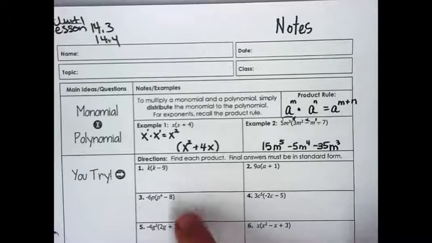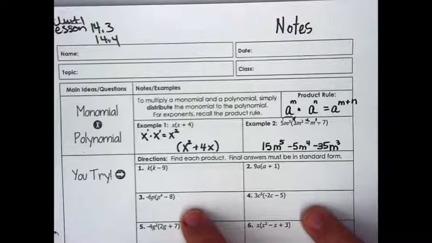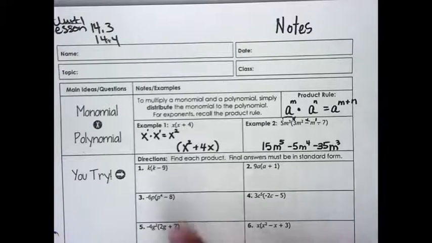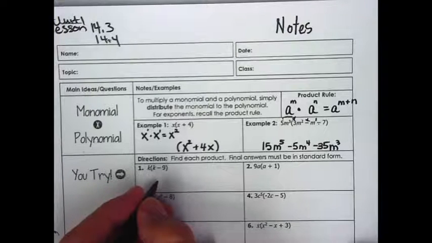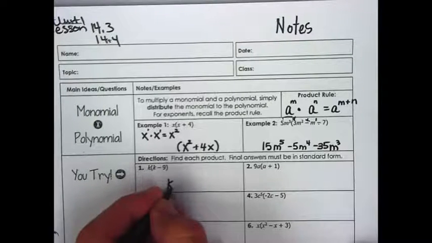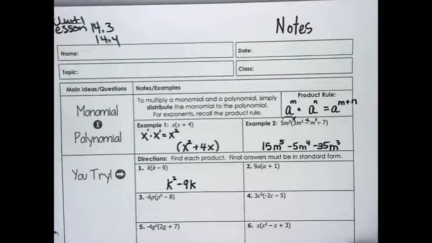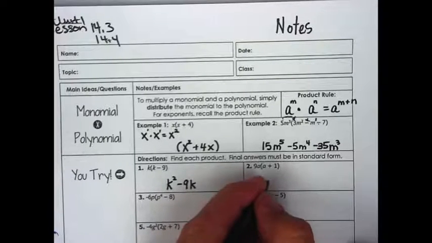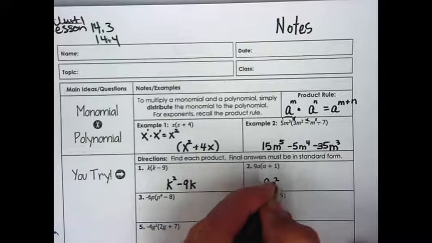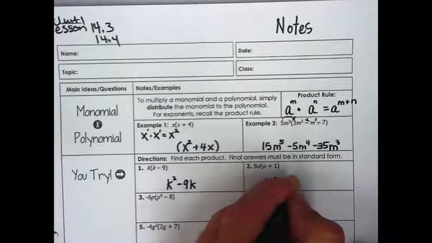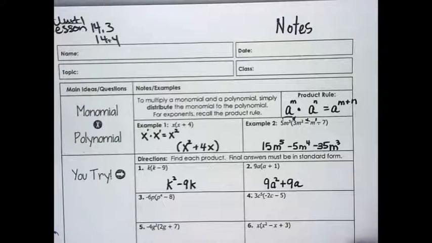Go ahead and stop the video and practice the first 4 items. If you did this correctly, for number 1, you should have k squared minus 9k. If you did this one correctly, you should have 9a squared plus 9a.